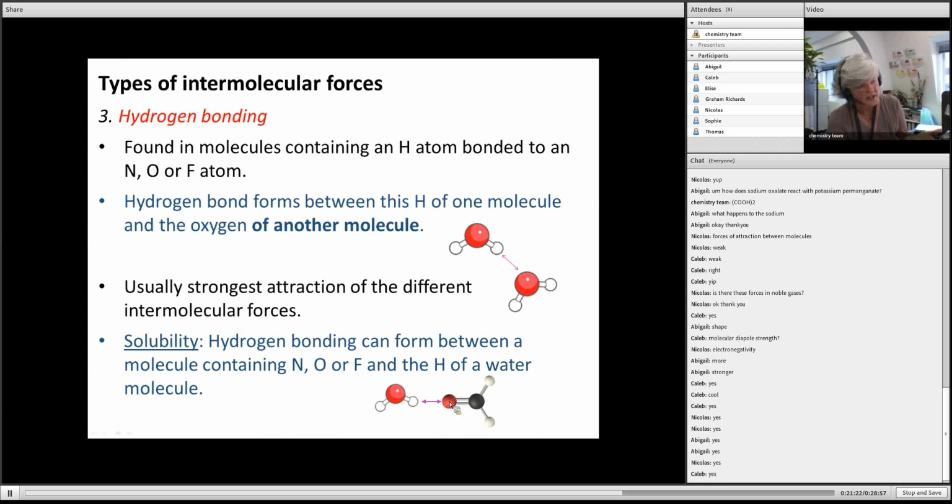But can you see water? Its hydrogen can hydrogen bond to the oxygen. So formaldehyde is soluble in water because water can form hydrogen bonds with it. However, formaldehyde is a gas because it can't hydrogen bond within itself.